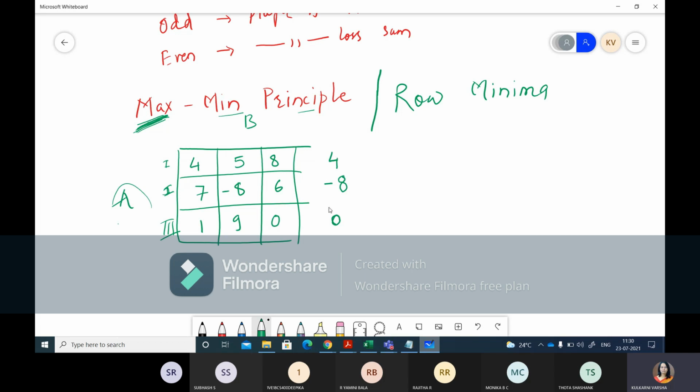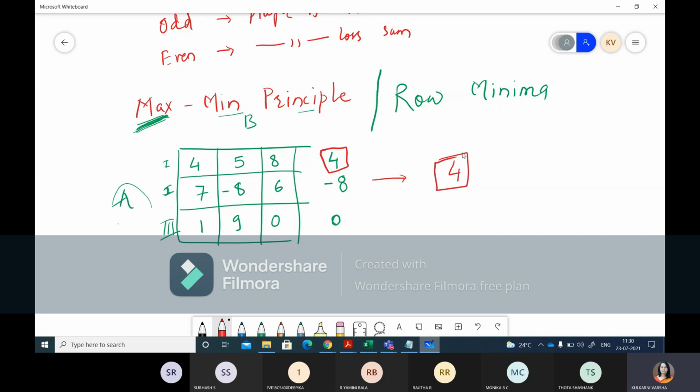From these minimum values, he is trying to maximize his profit, his winning efforts. Among these three values, 4, -8 and 0, which is maximum? 4 is maximum. So the row minima here is 4.